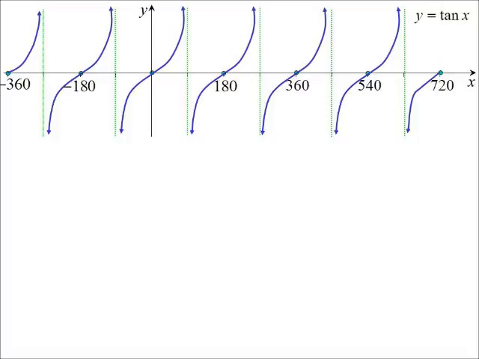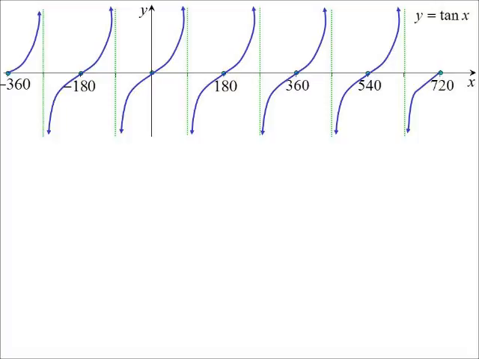What else is 1? The slope of the line y equals x is also 1. Tan theta is the gradient. You might remember that from coordinate geometry. We'll see that again later this year, but tan is the gradient. So it all ties together nicely.